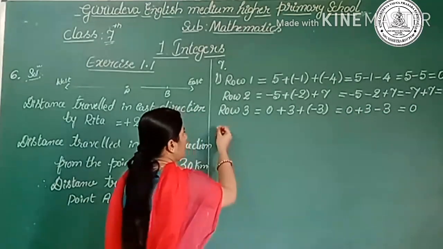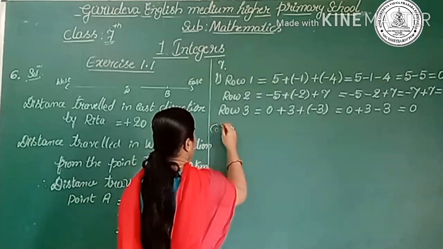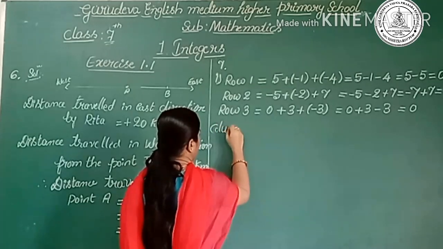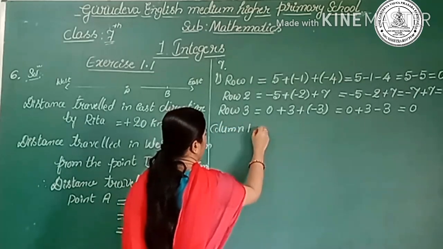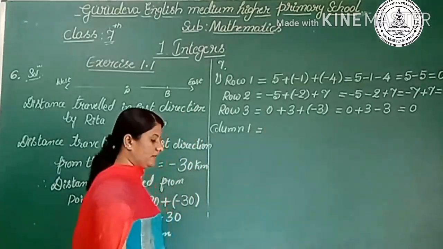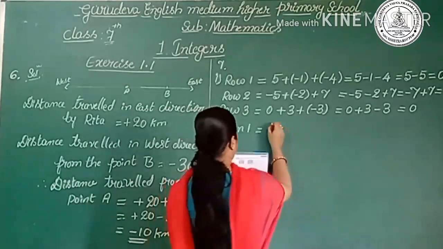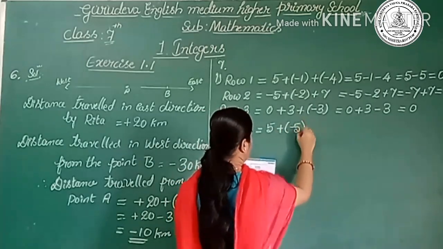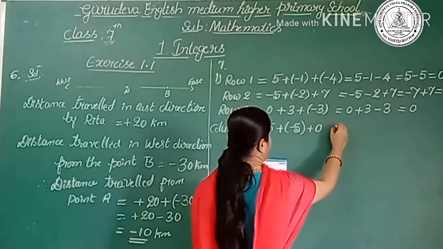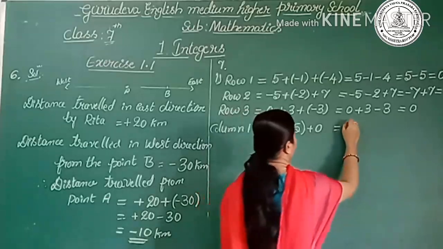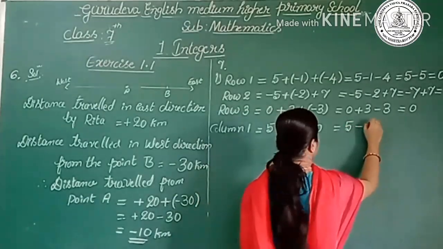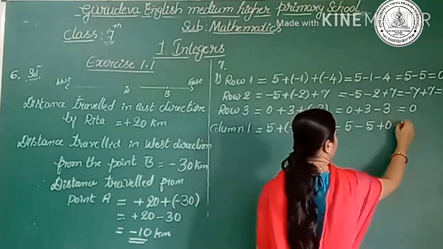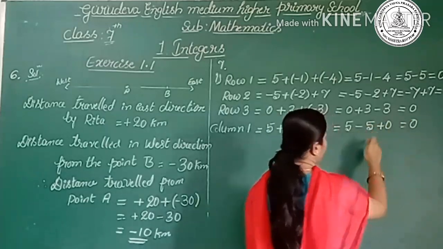Then let's take column 1. Column 1 is 5 plus of minus 5 plus 0, which is plus 5 minus 5 plus 0, which is equal to 0.